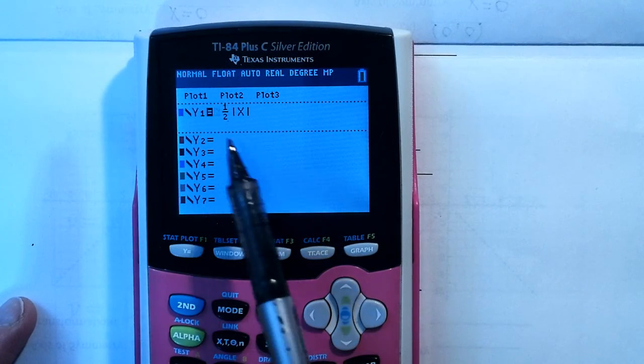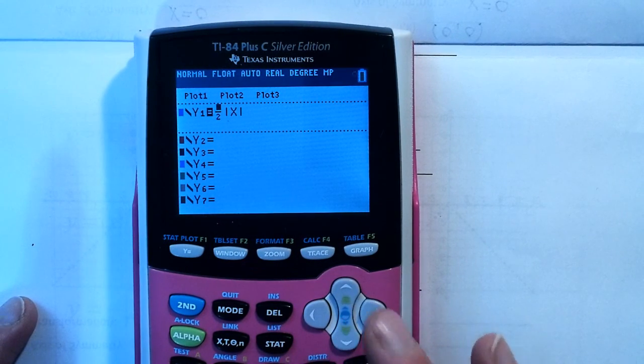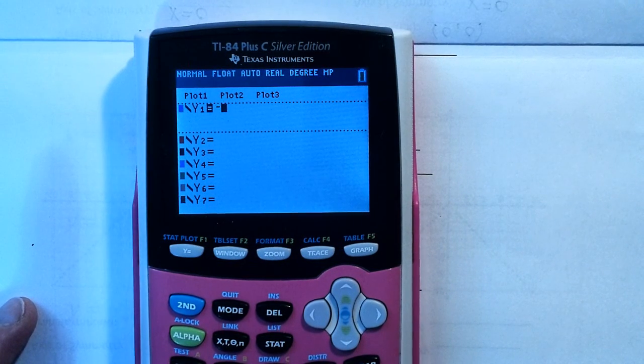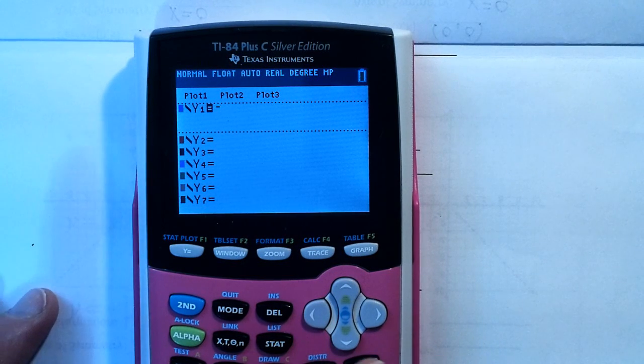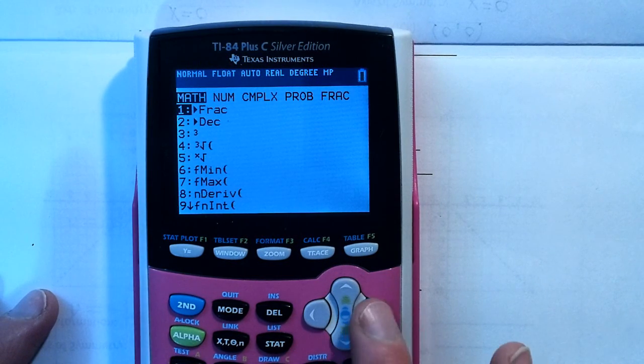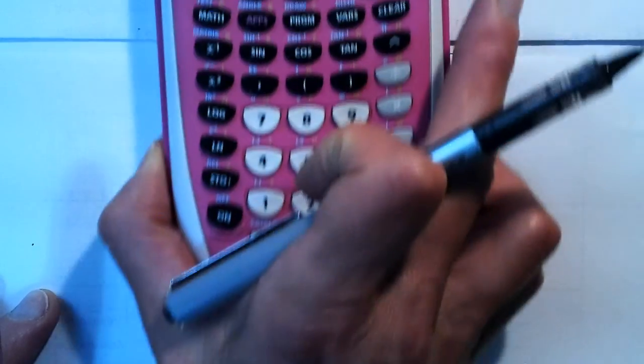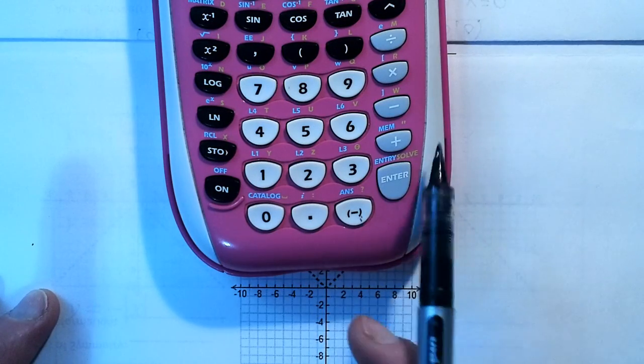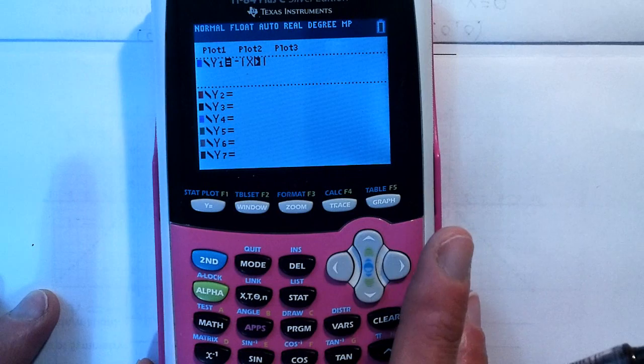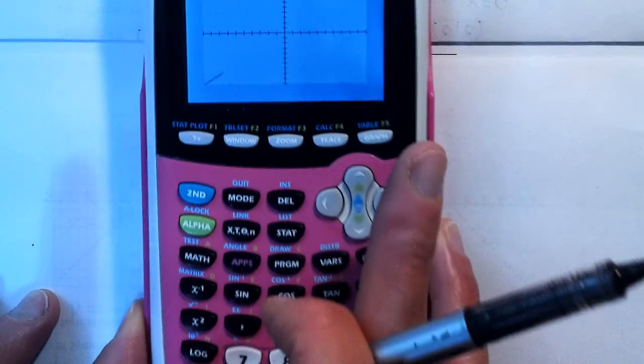I'm just going to clear the whole thing out and do negative, which is the same as -1, and then the absolute value of x. When you do this, make sure you push this button as negative. If you push this button as minus, the calculator will give you an error. So I go ahead and graph it.